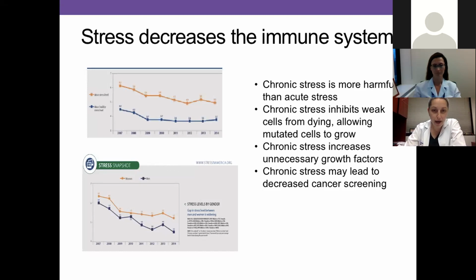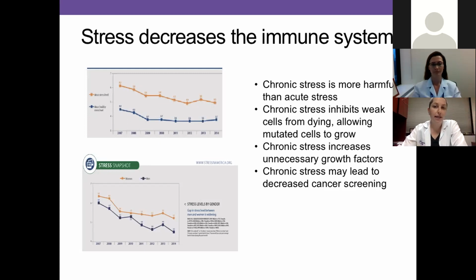In the bottom left graph here, you see that it also differs by gender. So women are more likely to have stress than men. Again, the stress levels are decreasing, but the gap between those stress levels for women and men is widening.